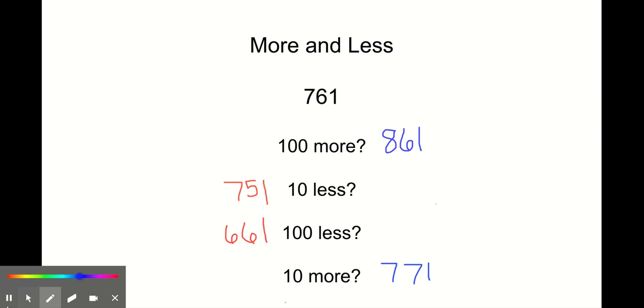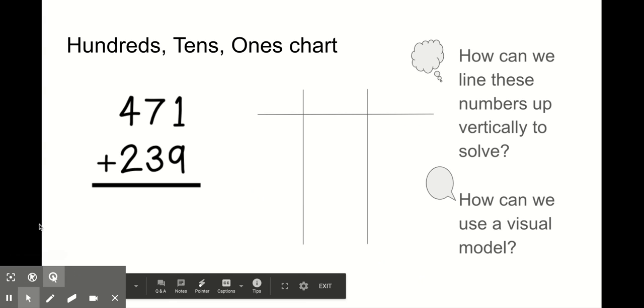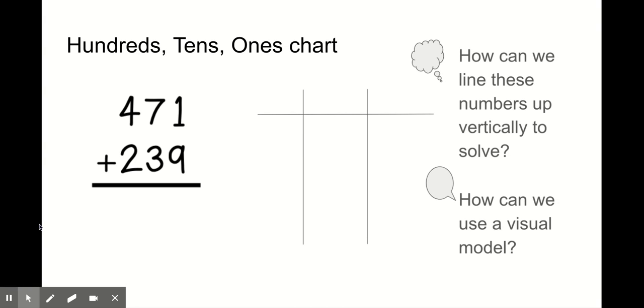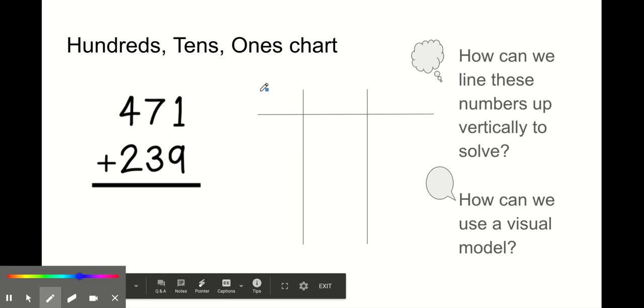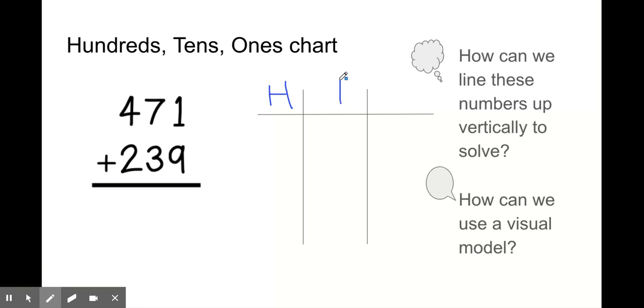Good job, second graders. All right, let's practice our addition now using a hundreds, tens, ones chart. Remember, we need to put these in order so that adding becomes easier for us. So first, we need to line these numbers up vertically to solve.